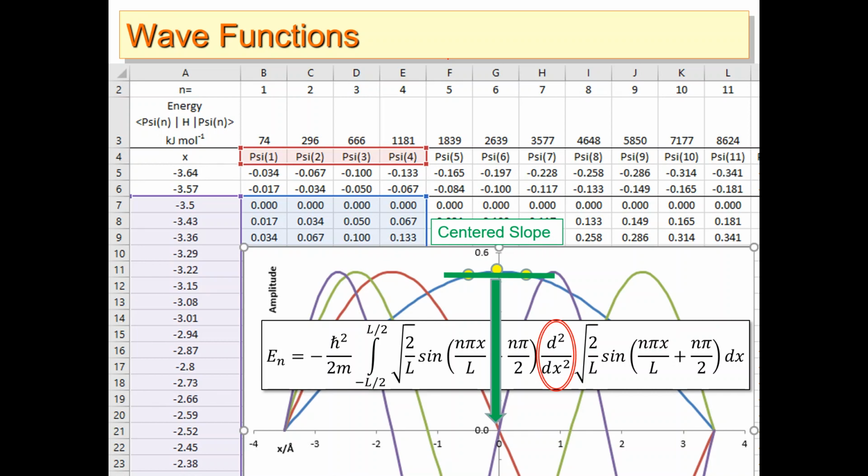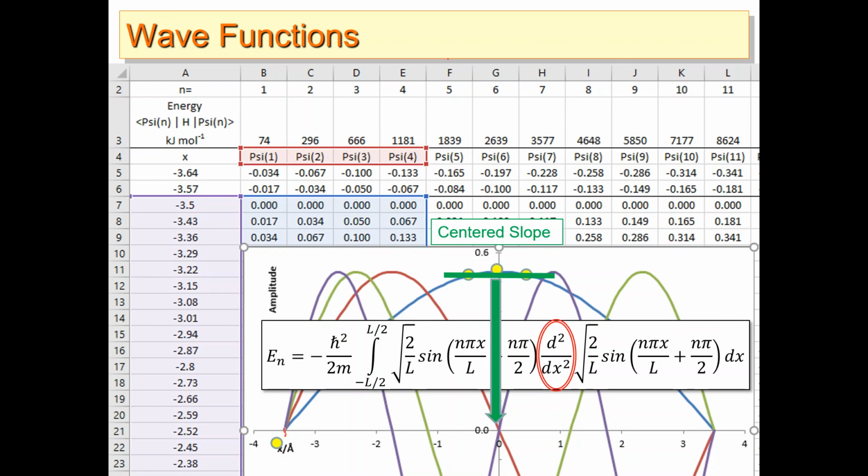And that was important for maintaining symmetry. And so right there where this curve has a 0 slope, since we're calculating the centered slope, it goes 0. Also, notice that if I do the previous data point and calculate the derivative, I've got to have a data point that goes beyond the end of the box.